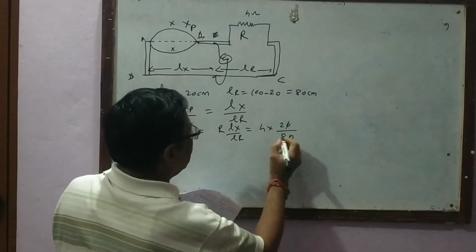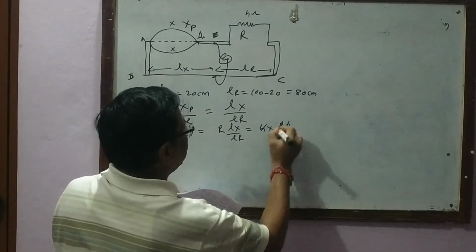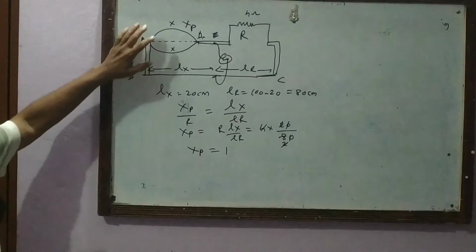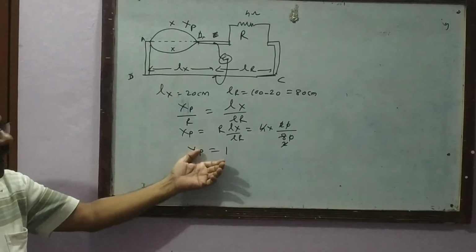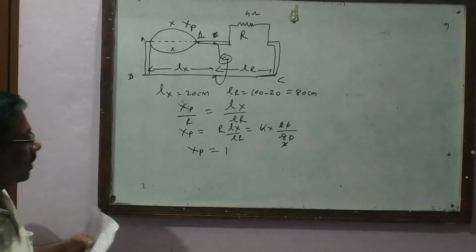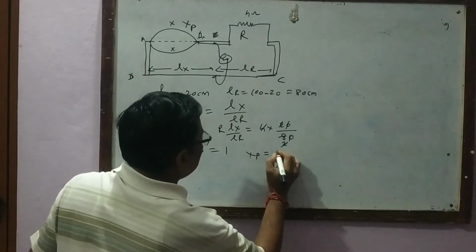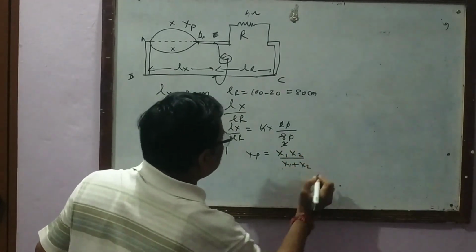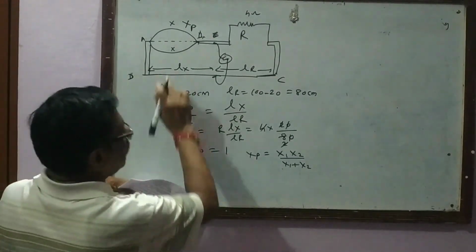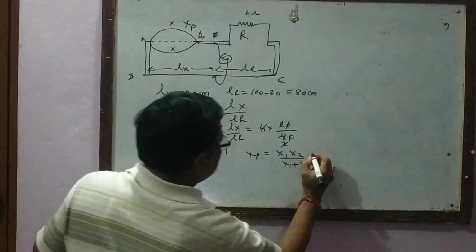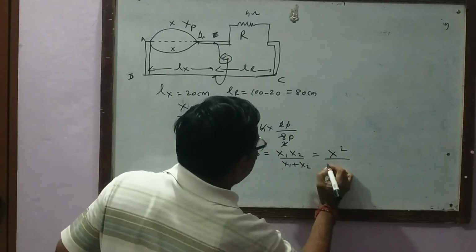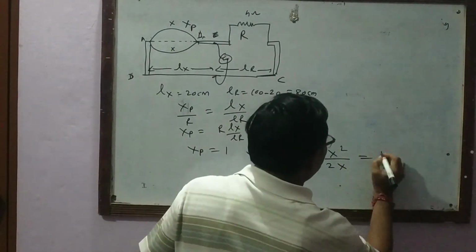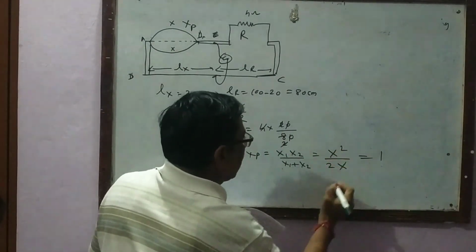Therefore the 20 and 80 get cancelled, and XP is equal to 1, this is the value of XP, which is 1. And what is the parallel combination here? XP is equal to X1 X2 upon X1 plus X2. Both are the same, so it is X square divided by X plus X, that is 2X, and that is equal to 1.